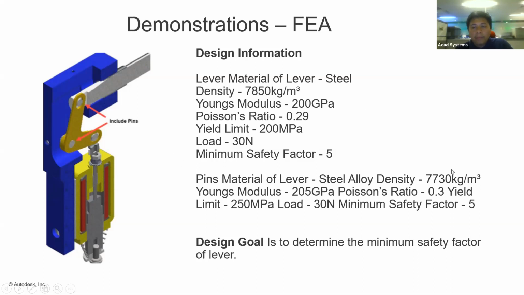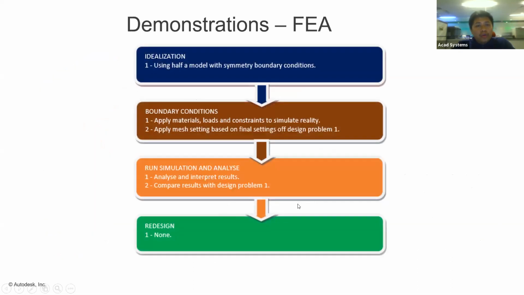Also the information about the pins. So using Inventor FEA analysis, even if you use Stress Analysis or Inventor Nastran, these will be the steps you need to go through first: idealization, boundary condition, run simulation analysis, and redesign.